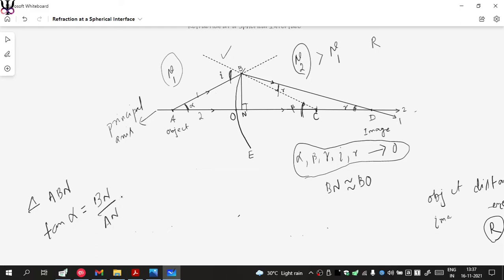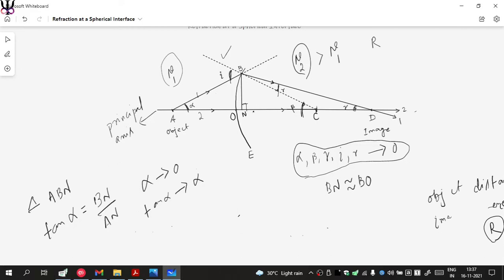We are going to use two more approximations again, where alpha is very small. When alpha tends to 0, tan alpha tends to alpha.